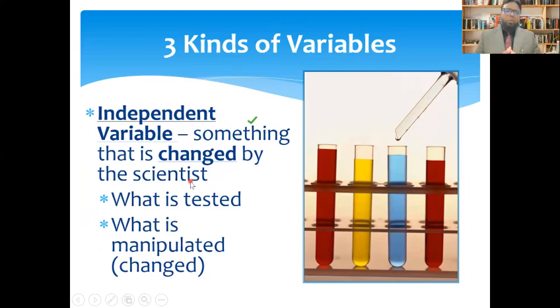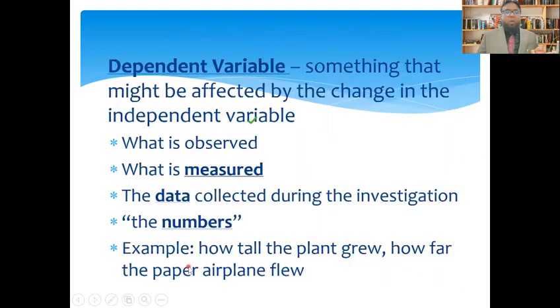This is what I told you: if you are changing something, like the temperature, or the pH of a substance, that is the independent variable. It is what is tested, what is manipulated, meaning changed. The change is in your hand.